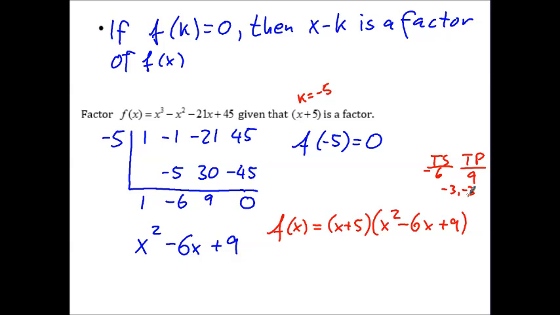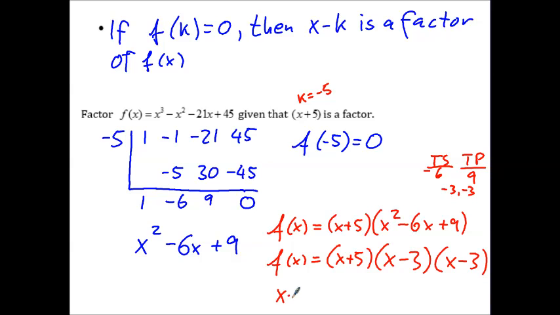So we can write our fully factored function f of x is equal to x plus 5 times x minus 3 times x minus 3, and our x-intercepts are therefore negative 5 and 0, and the other one is 3 and 0, and that is a double root.